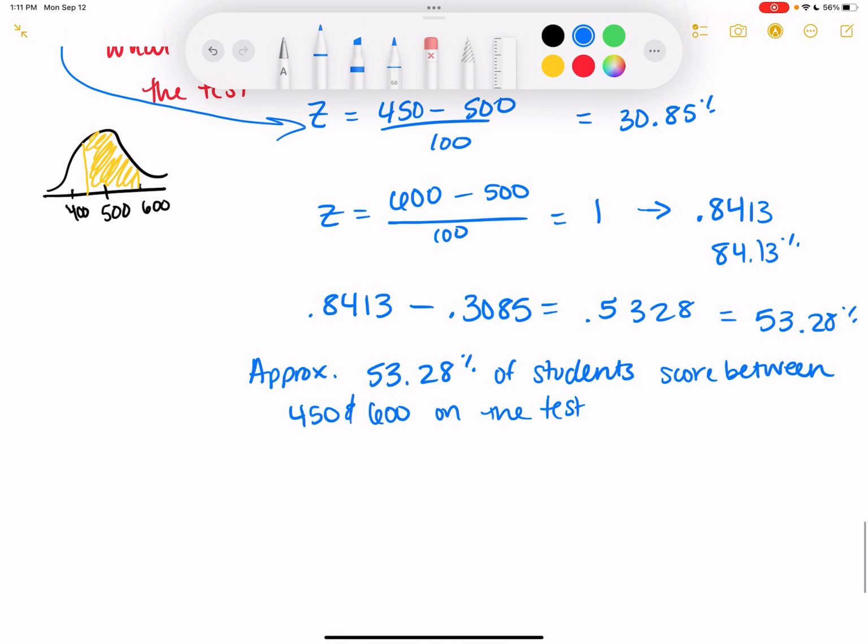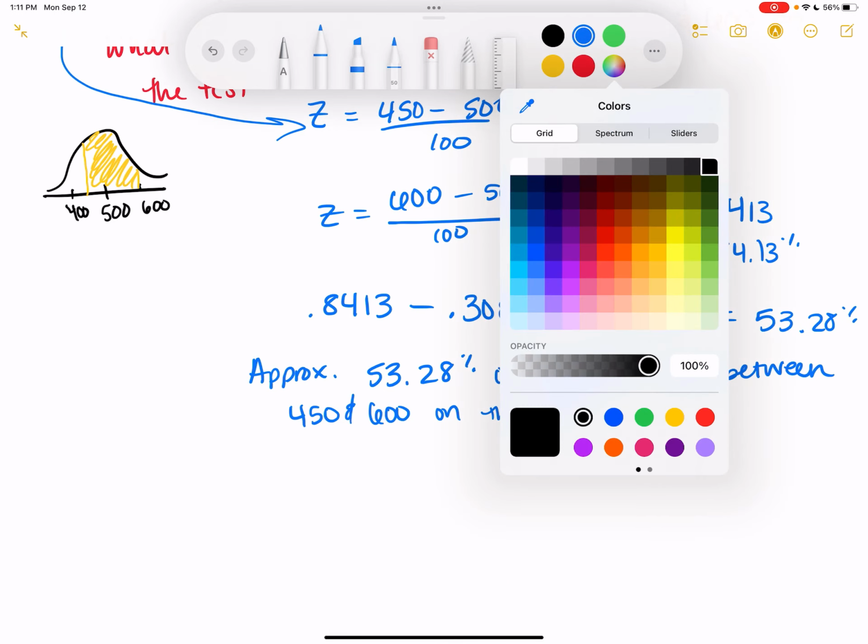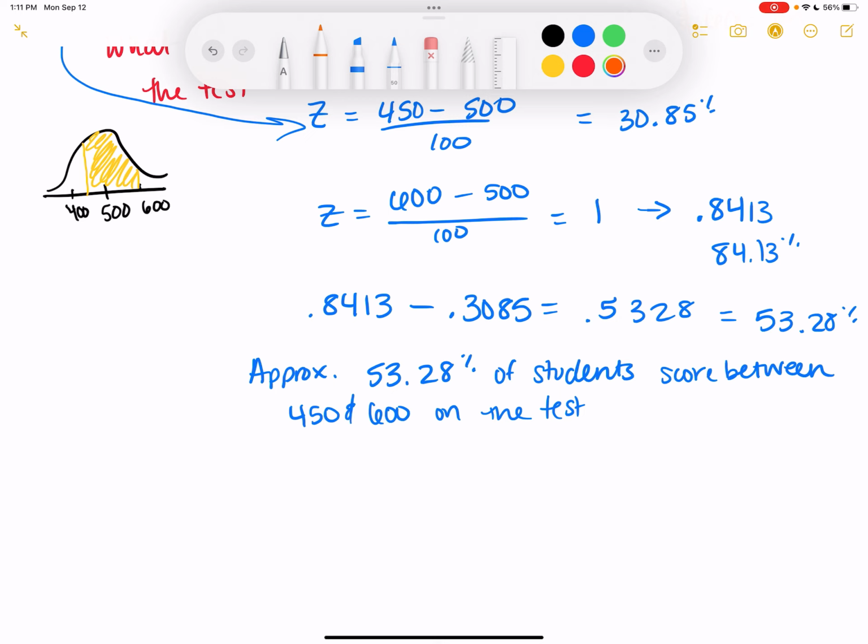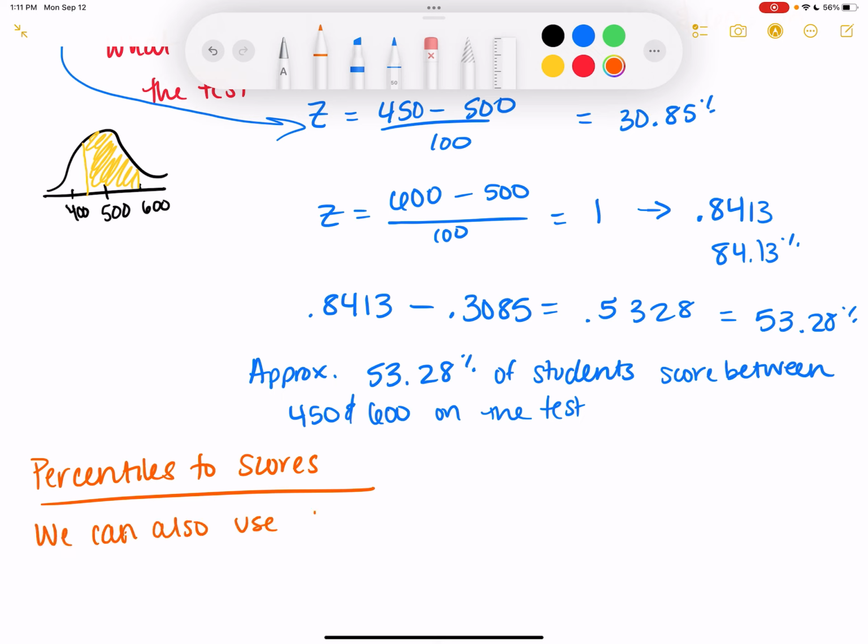All right, so then, let's see. Percentiles to scores. So this one, we can also use the z-table to determine what they call cut scores.